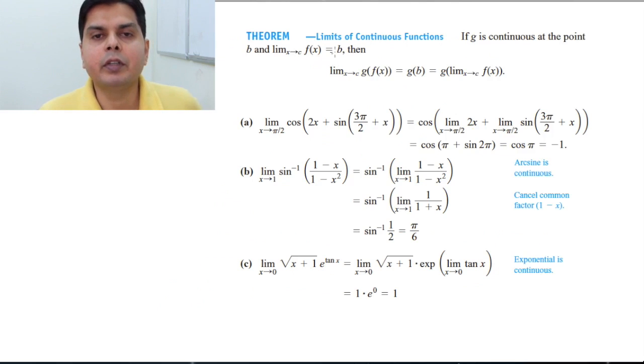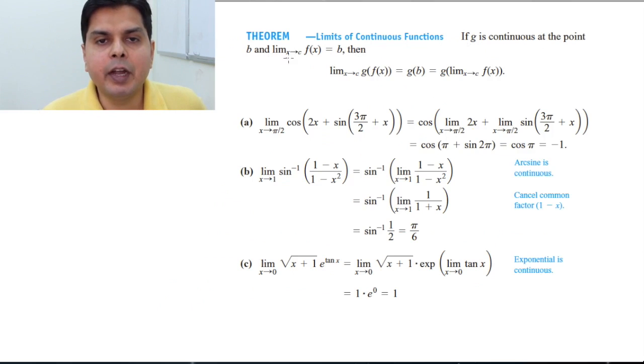Another very important theorem is limits of continuous functions. If g is continuous at the point b and limit x tends to c f(x) is equal to b, then the limit of x tending to c of g(f(x)) can be written as g(b), which is equal to g of limit x tends to c f(x).